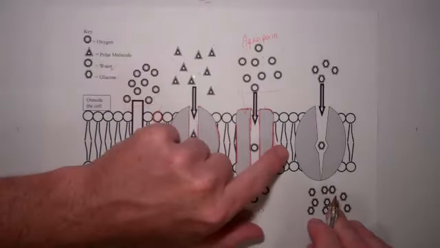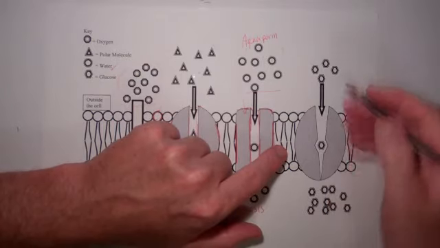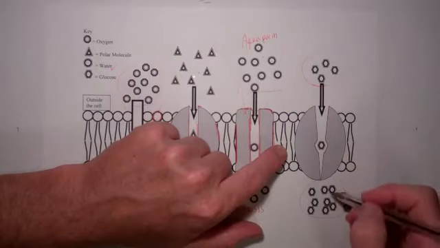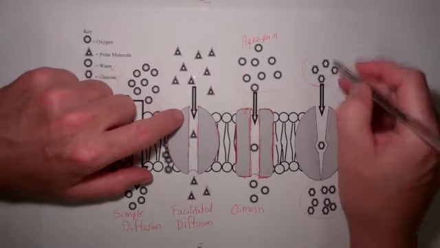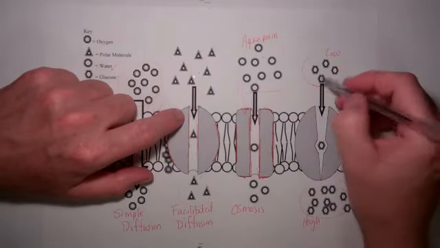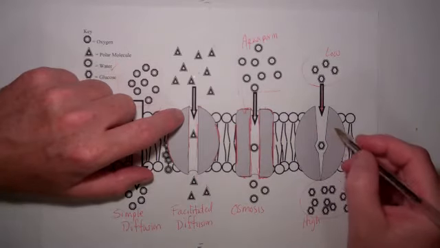Our last diagram here is a diagram of a carrier protein or carrier molecule that carries the materials that the cell wants across the membrane. I want you to notice that this has a low concentration on this side and a high concentration on this side. And the direction that we're showing is that it's going against the concentration gradient.